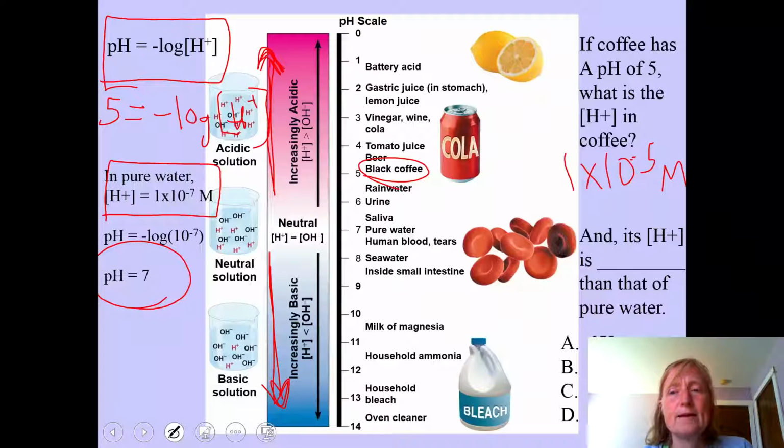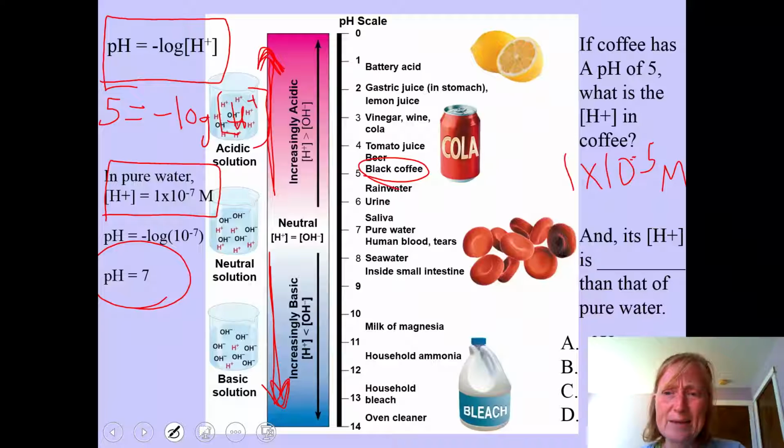Coffee has a higher concentration of protons than water. It's acidic. 1 times 10 to the negative 5th molarity is bigger than 1 times 10 to the negative 7th.